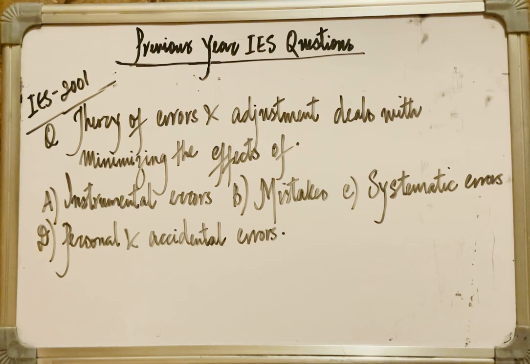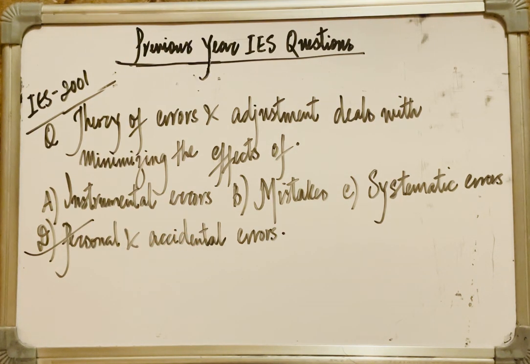We know that in any measurement, random or accidental errors or compensating errors do not disappear whatever precautions are being taken. So these errors obey the laws of chance and hence they are handled with the help of theory of probability. Therefore, theory of errors and adjustment deals with personal errors and accidental errors.